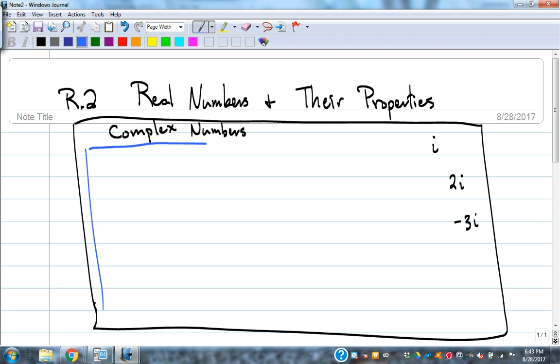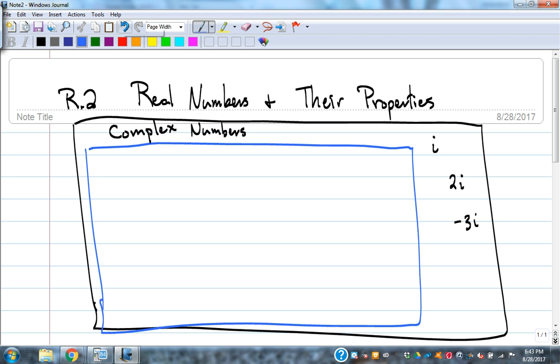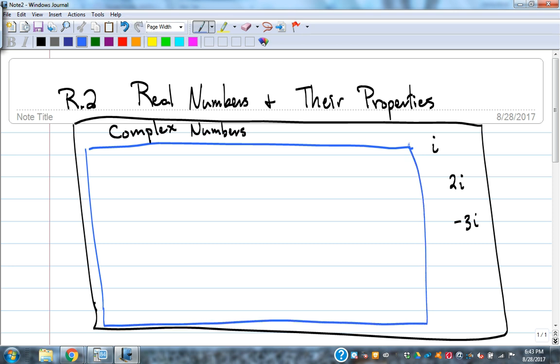I didn't get it inside of there, so I'm going to get it inside. There we go. That box is the real numbers. The real numbers are inside of the complex numbers. The real numbers have boxes inside of them. So inside of the real number box is another box.